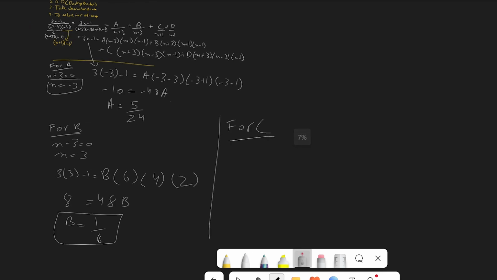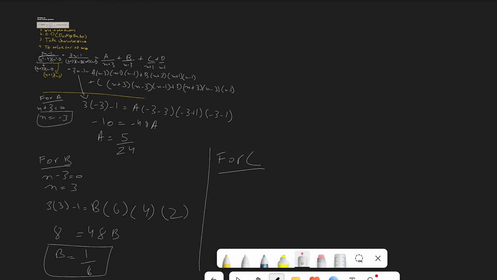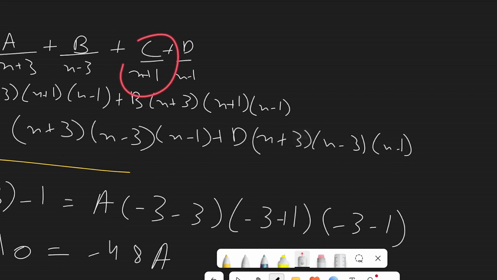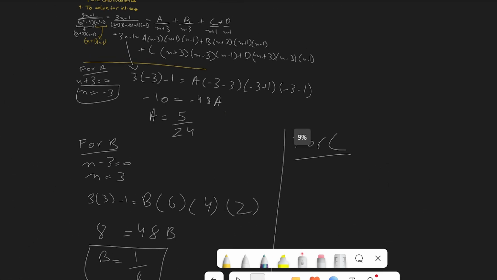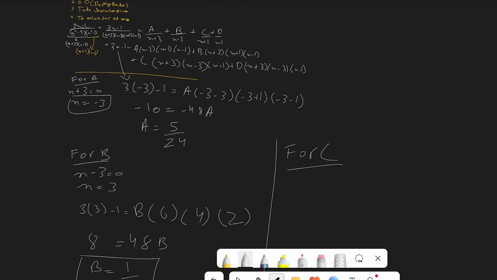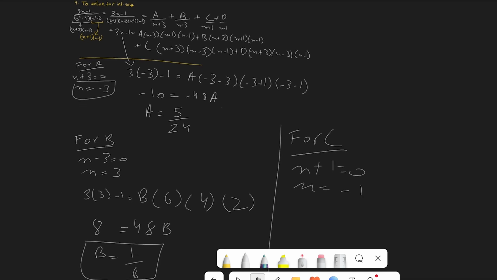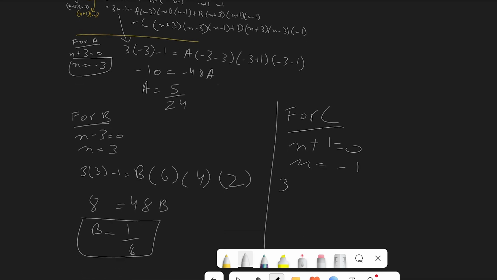We take that characteristic value again. We have c over x plus 1. Trust me, that is x plus 1. x plus 1 is equal to 0, so x is equal to minus 1. Now we follow the same process. 3 into minus 1 is equal to, we take the c term this time.